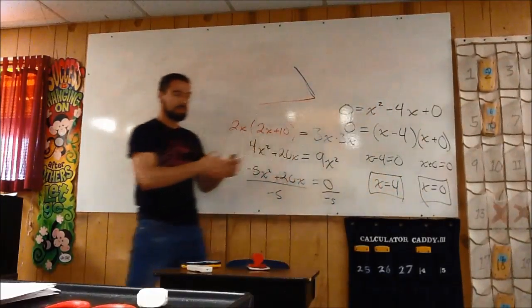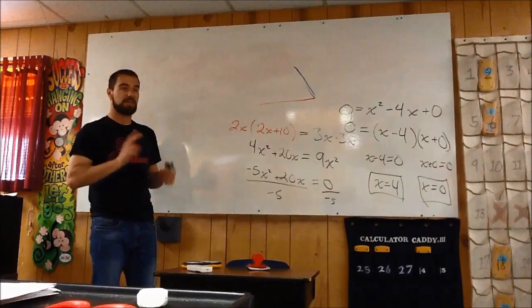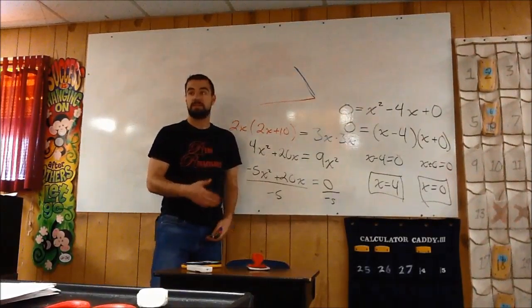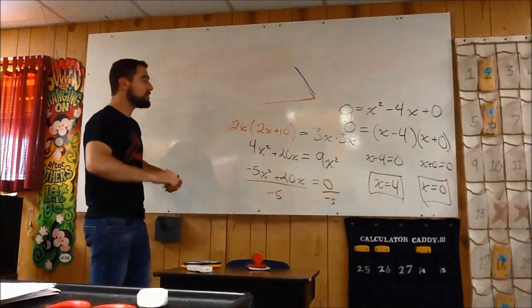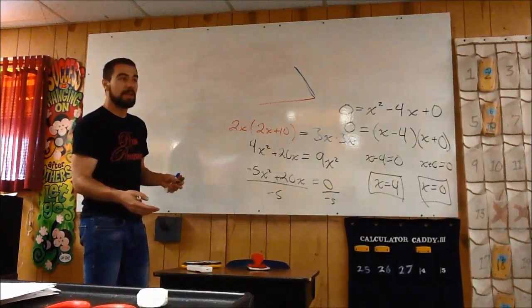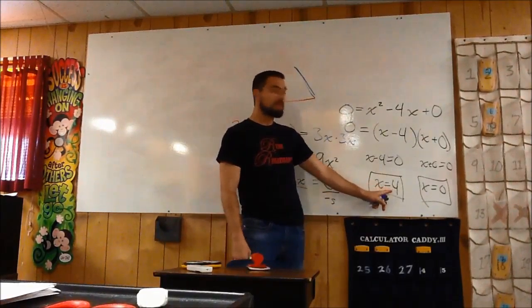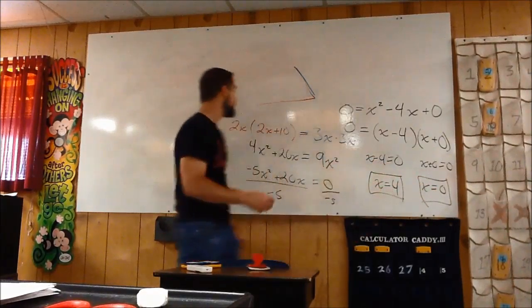So when you solve it this way, treating it like a quadratic, you will see that you get two solutions. You need to make sure you see both solutions to this equation. Because if we were to graph this, that means this parabola is going to cross the x-axis at the origin at 0 and at positive 4.